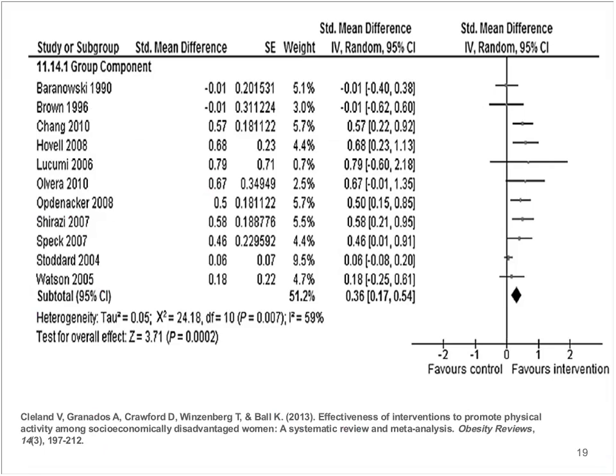And so we can see here in this review by Cleland, which is on the effectiveness of interventions to promote physical activity among socioeconomically disadvantaged women, we can see here from this forest plot how many studies contributed data, and we see the authors' names and the year those studies were published down the left-hand column. We see the standardized mean difference for each of those studies.